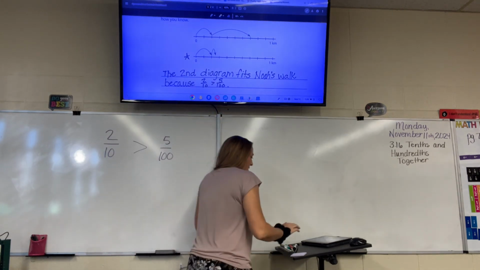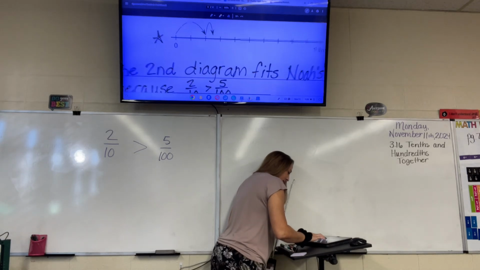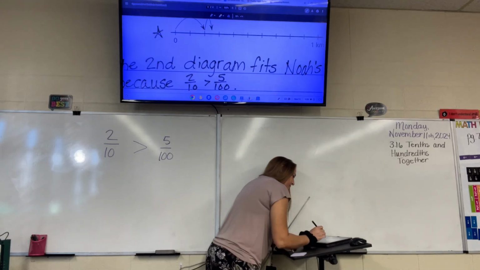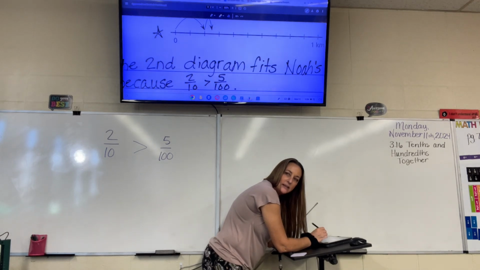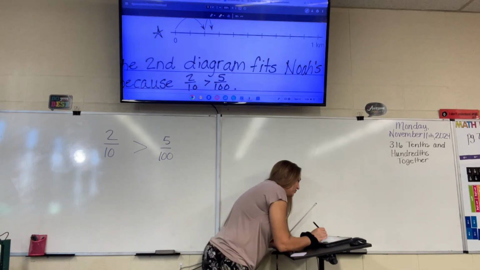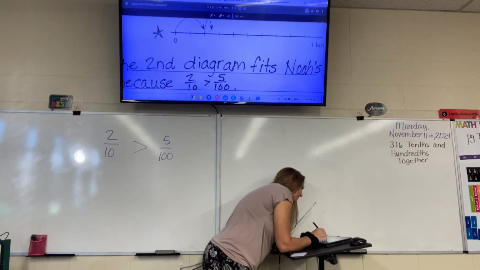Okay, now, if these are all tenths, then in between the tenths, there are 10/100ths. So don't write this down, but I'm going to show you. So it would be like this.